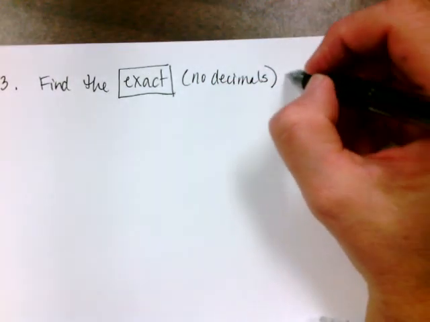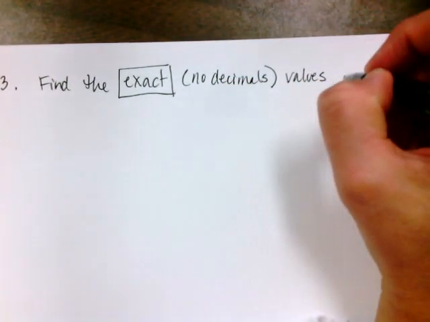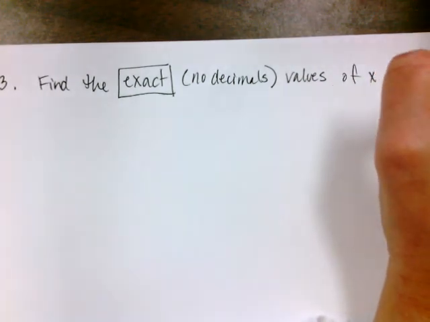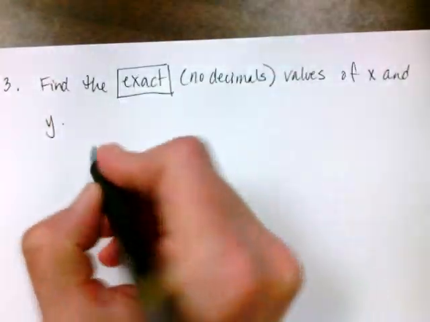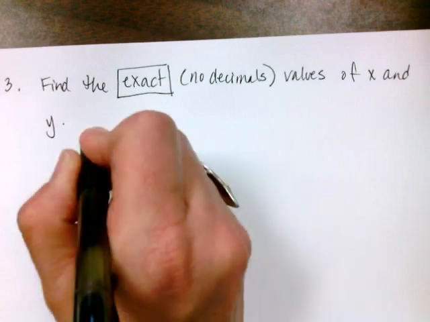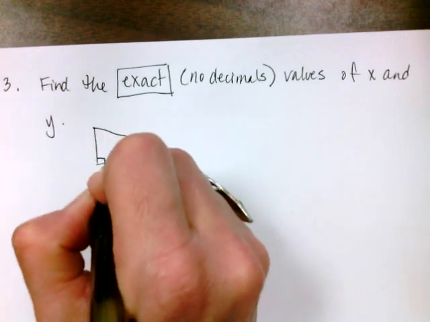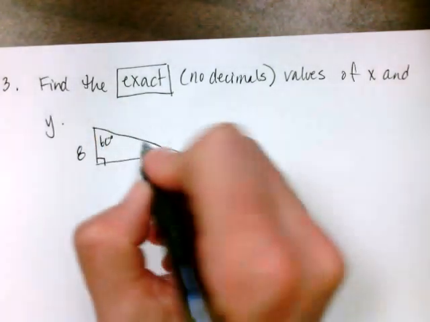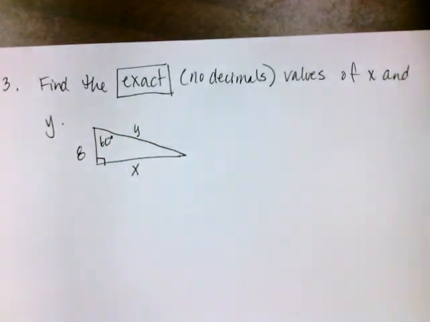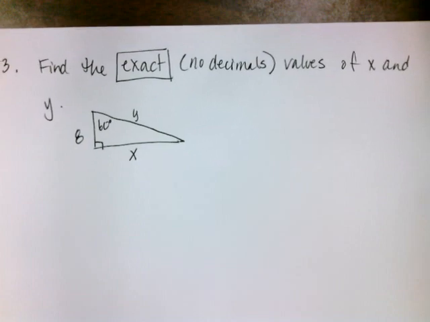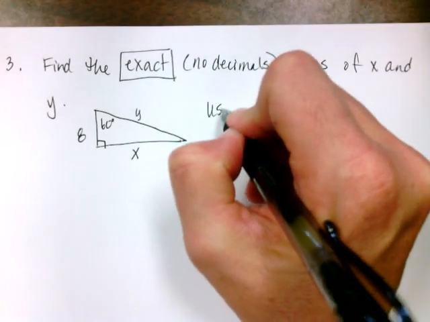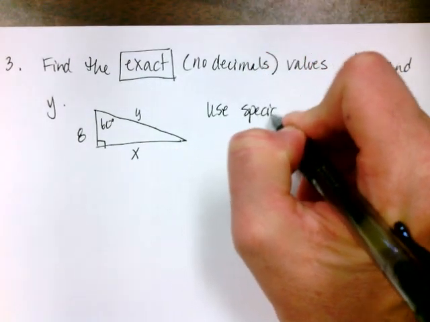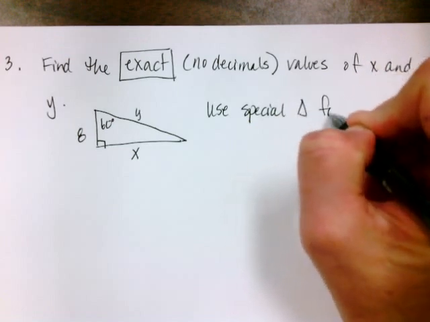So I want you to find the exact values of x and y, and then here's your diagram. Okay, there's my handy dandy little triangle. This is 8, this is 60 degrees, this is y, and this is x. So I want you to find x and y, and you do need to use your special triangle formulas.